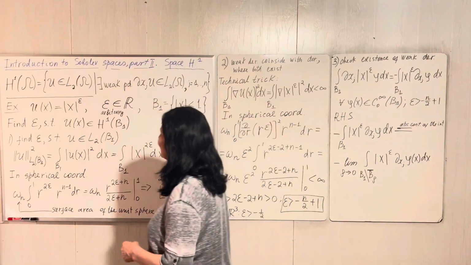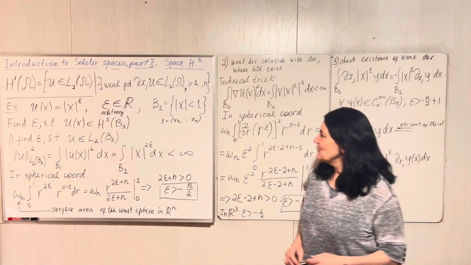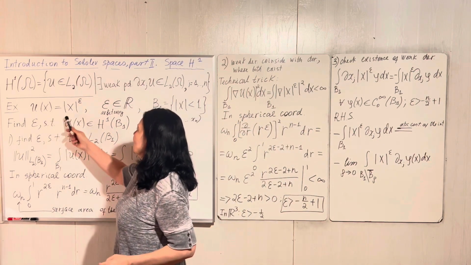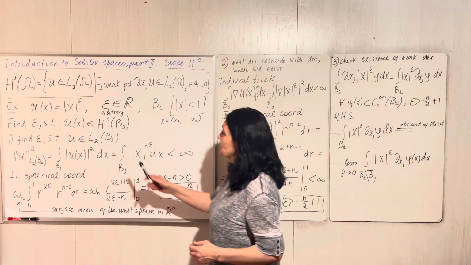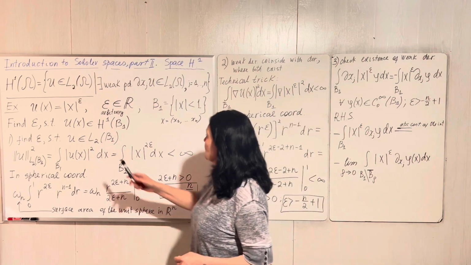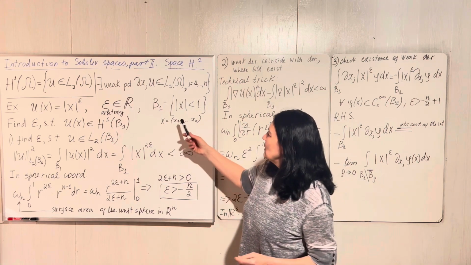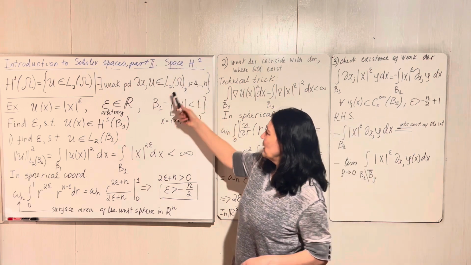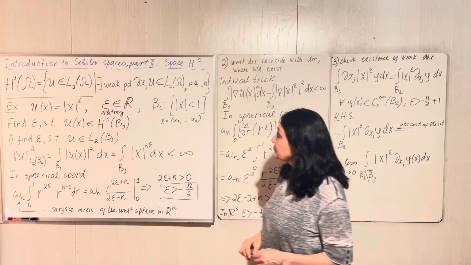So now let's consider an example of a function from the space H1. Here is the function: magnitude of x to the power epsilon. Here epsilon is an arbitrary real number, and we consider this function in the unit ball centered at the origin, so our omega will be a unit ball in Rn.